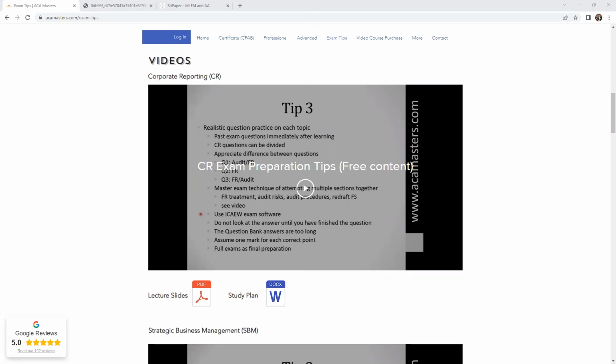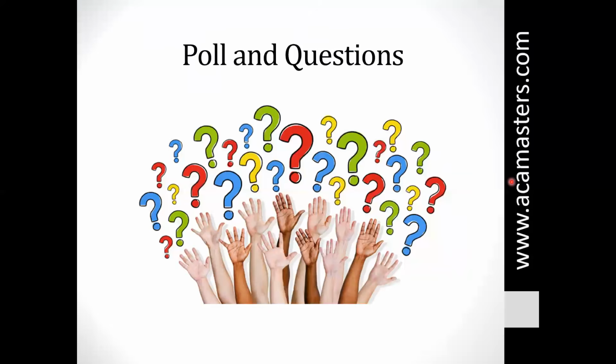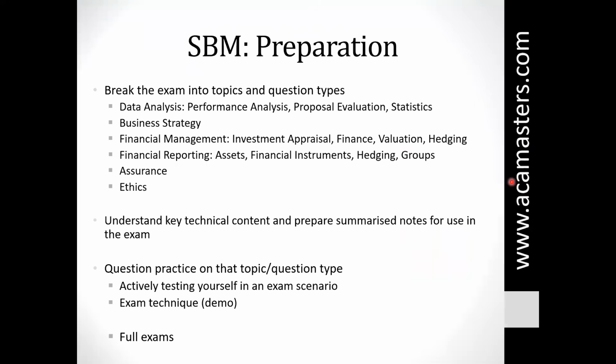Like I said earlier with SBM, break it down into smaller topics, one topic at a time, as we have done on our website for the video course, then allocate a topic to each day and tackle them one at a time. But certainly have a plan of which topics you're going to cover on each day.